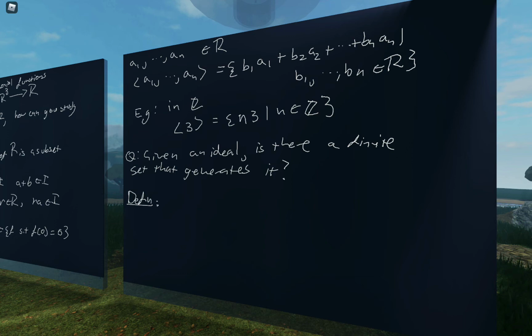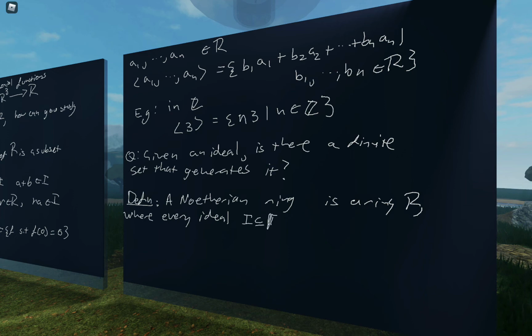And that's what's called a Noetherian ring. So a Noetherian ring is a ring where every ideal is finitely generated.